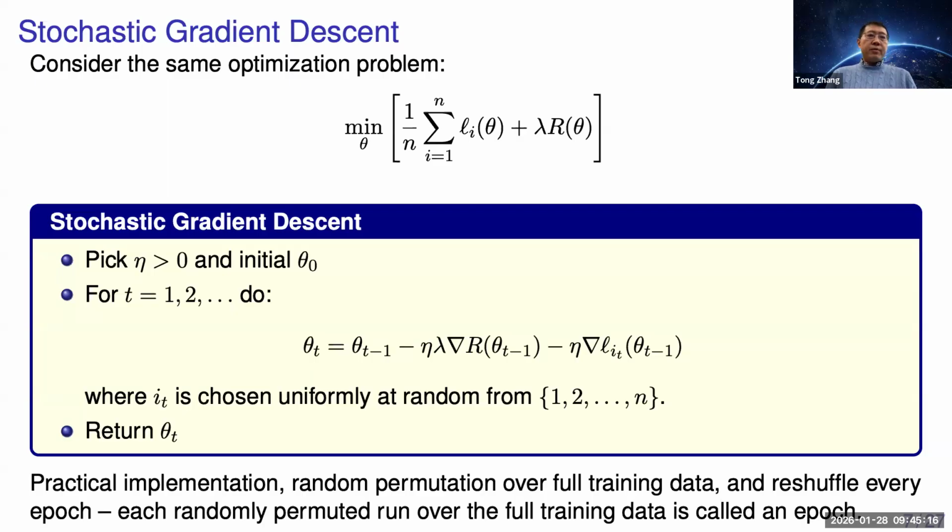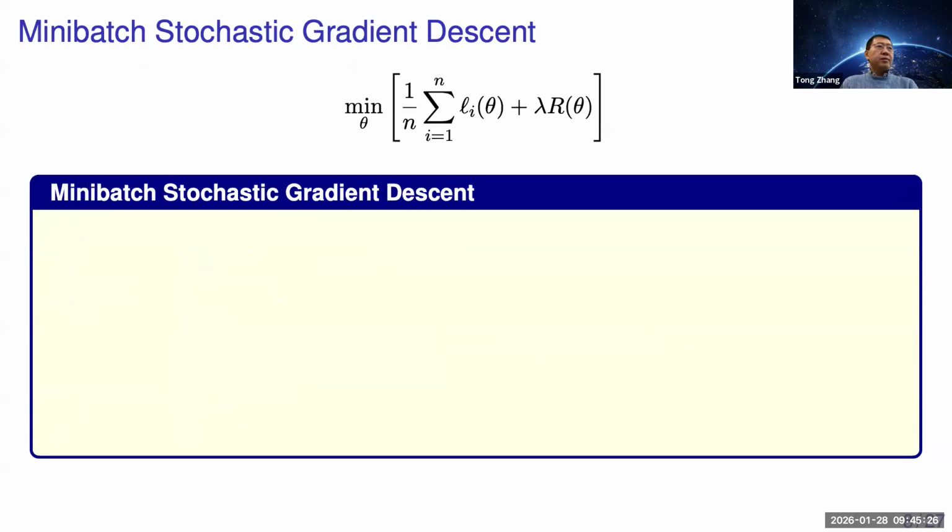Now we move on to something more serious. This one is actually not what is implemented in reality. The reason is for GPU computation. GPUs try to parallelize the computation. Usually you want to use the full GPU capacity.